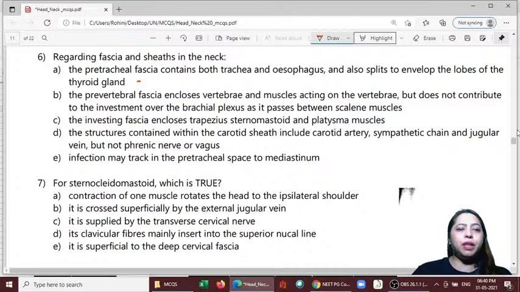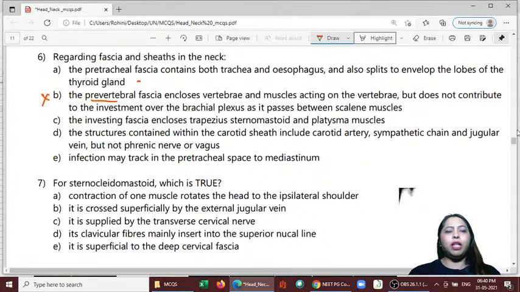Next one, prevertebral fascia. It is in front of the vertebrae. It encloses the vertebrae? How can it enclose the vertebrae? So this itself is wrong. Prevertebral is in front. And next one, the investing fascia encloses trapezius, sternocleidomastoid, and platysma. It does not include platysma.